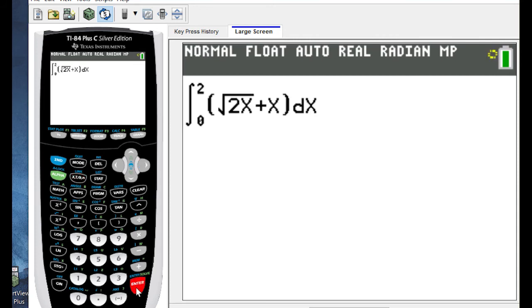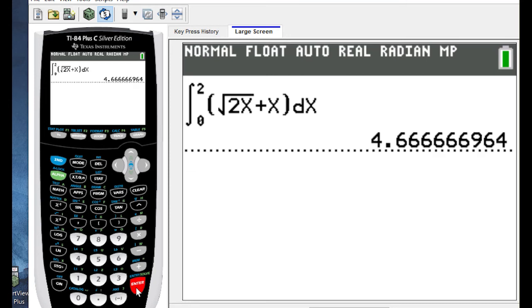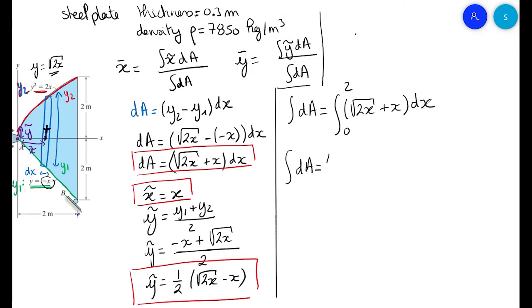Enter. So 4.666, which is equal to 4.67 meter square. That's for the dA.